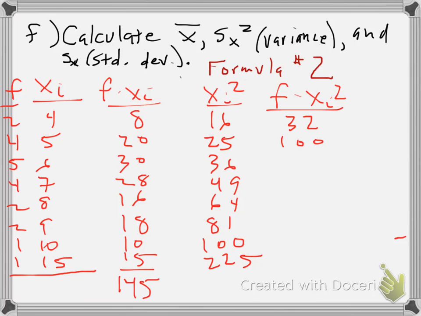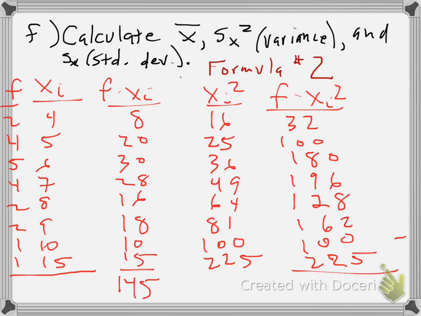Okay, I need my calculator for this. 36 times 5 is 180. 4 times 49 should be 196. Let me just double check that. It is 196. 2 times 64 is 128. 2 times 81 is 162. 100 times 1 is 100, and 225 times 1 is also 225.